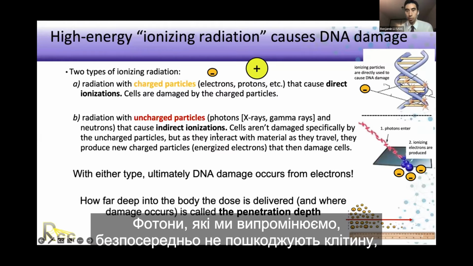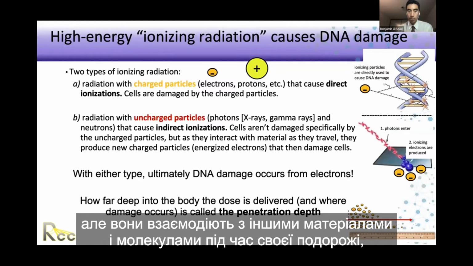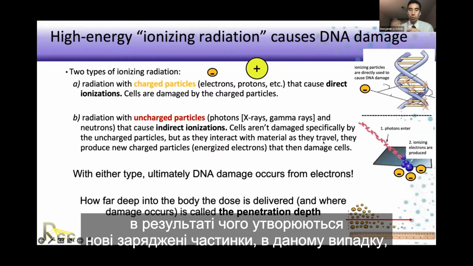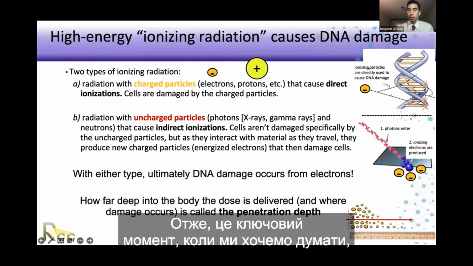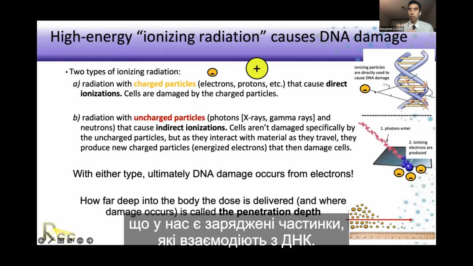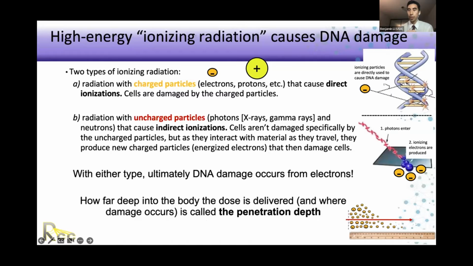Those photons that we shoot through don't directly damage the cell, but they interact with other materials and molecules as they travel, which then produces new charged particles, in this case, energized electrons, that then damage the cells. So this is a key point. We want to think that we have a charged particle that is going to interact with the DNA.